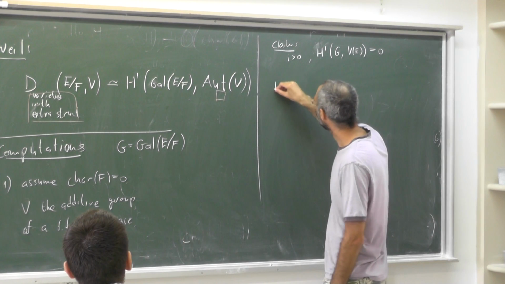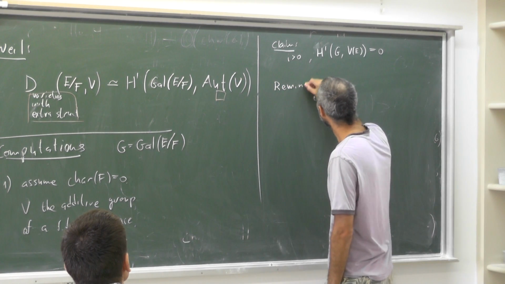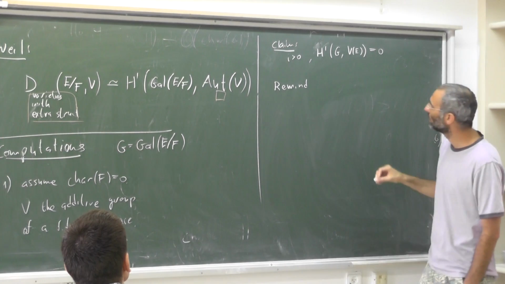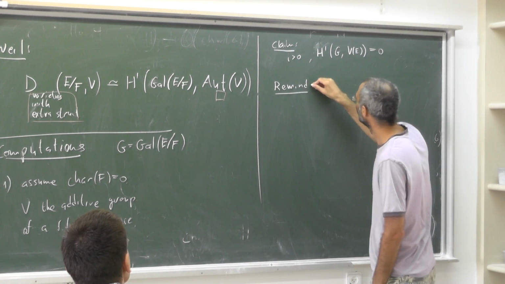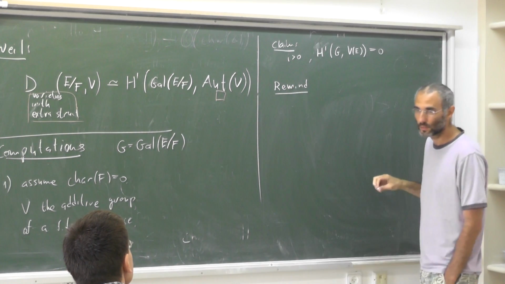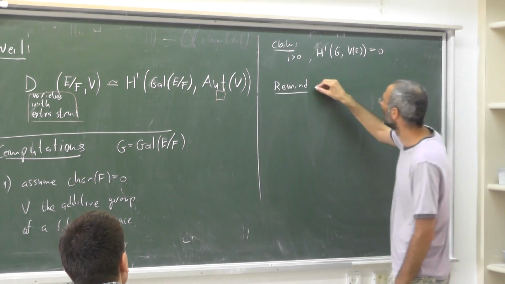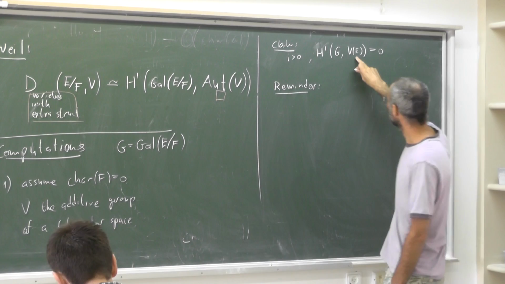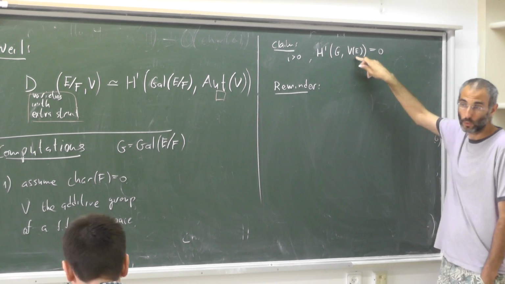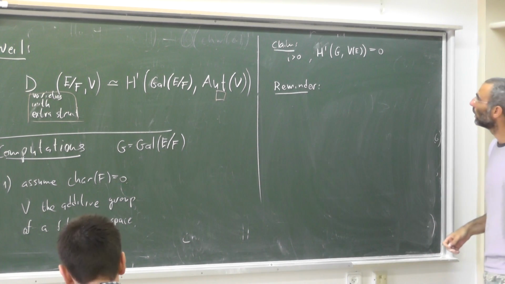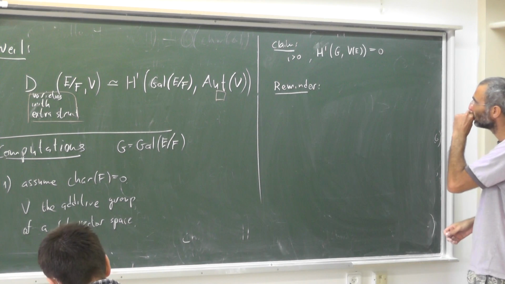And let me remind you something about it. So V tensor E, it's the E points, but now I think about it as a group.